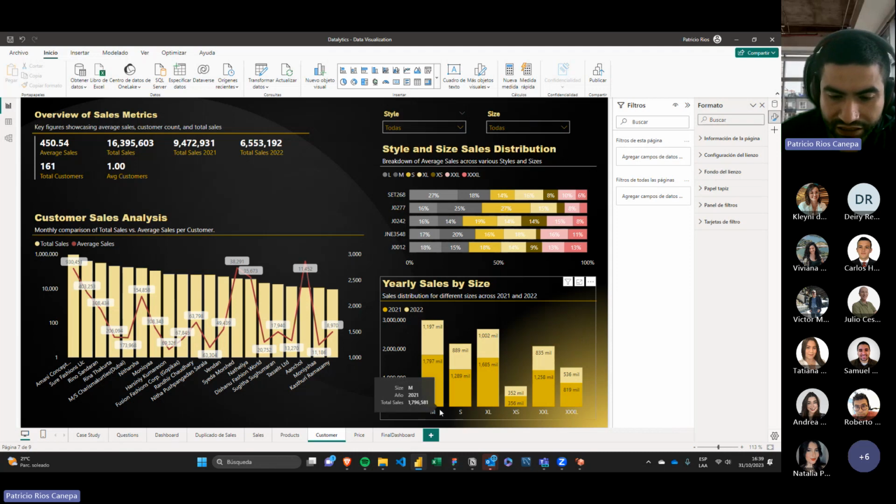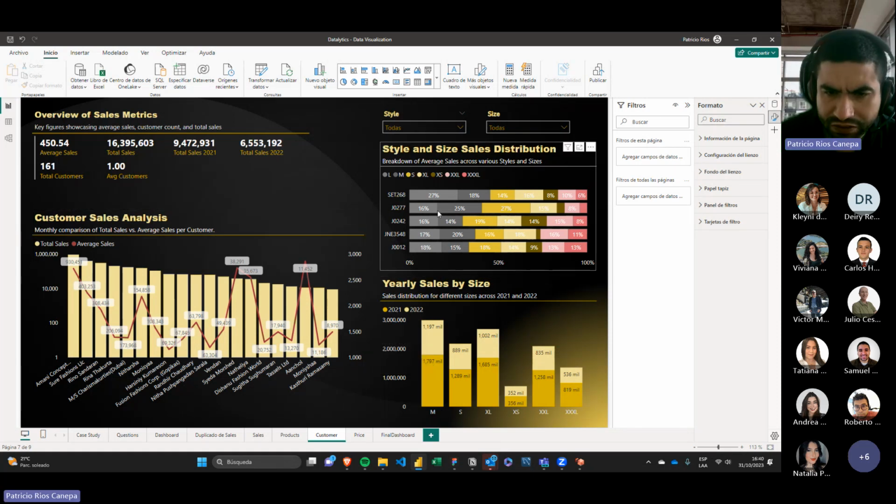We are also looking at sizes yearly, which ones were the most sold between 2021 and 2022. We can see that size M is being sold the most among the other sizes, and also has a very good gross sale amount in 2021. Okay, always remember to put some labels on it to understand the exact amounts that you're trying to see.